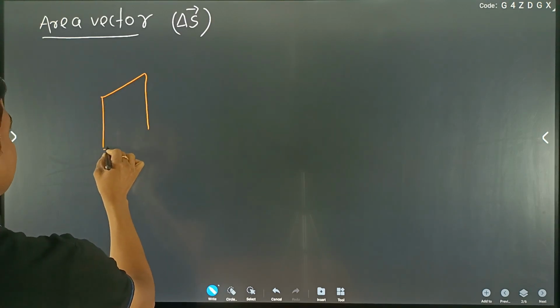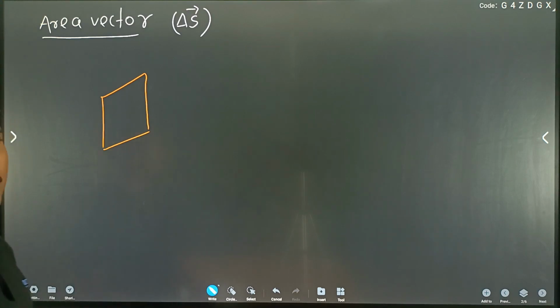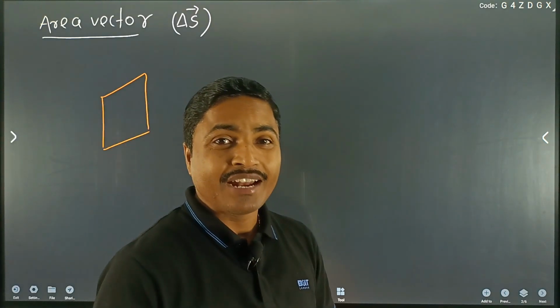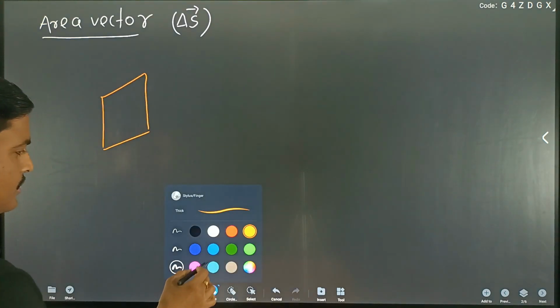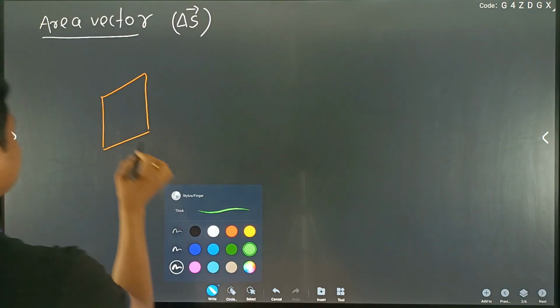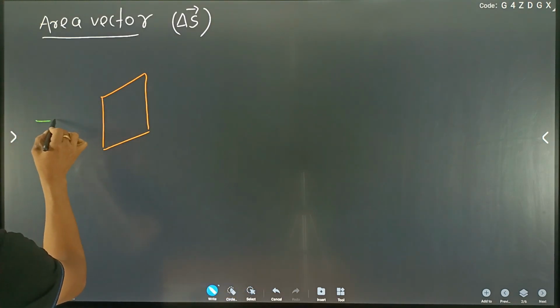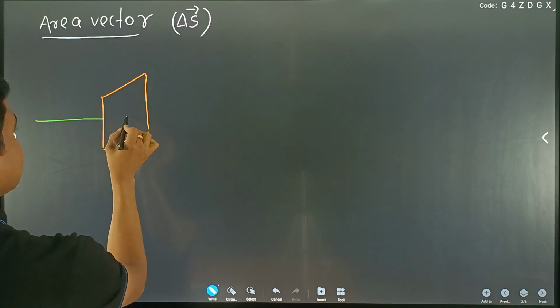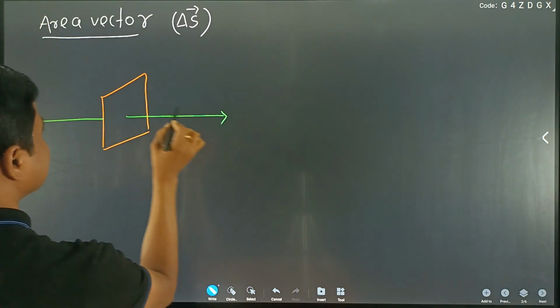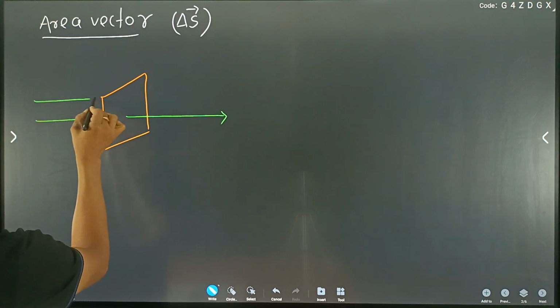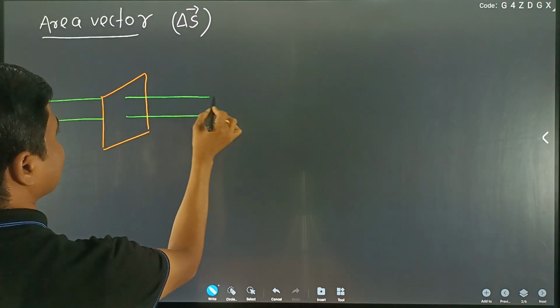This one is a small area element, and electric field lines are also there. These are the electric field lines. That means electric field lines are passing through this small area element.